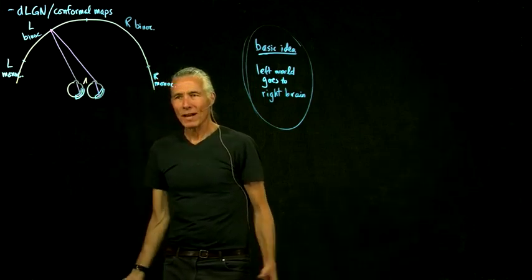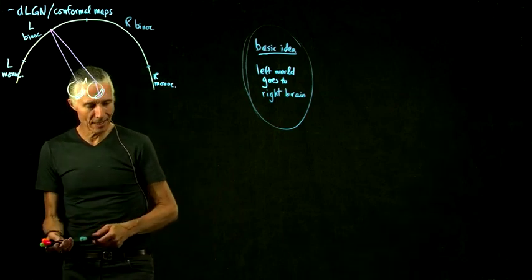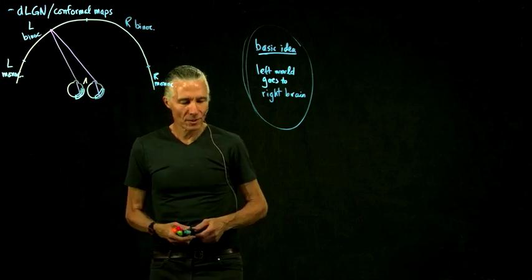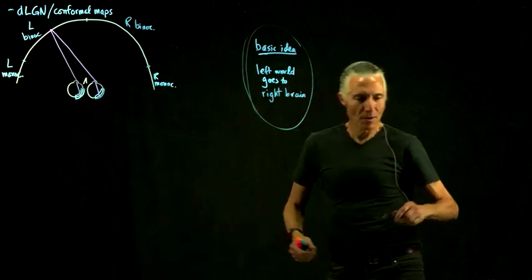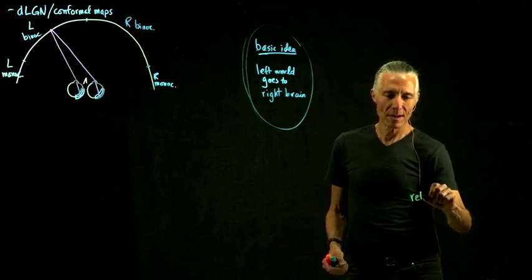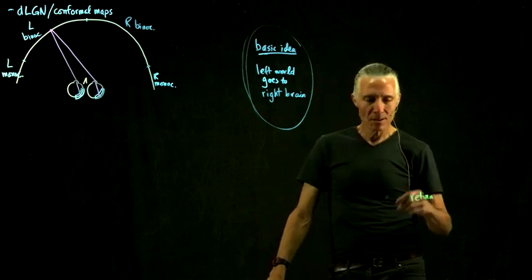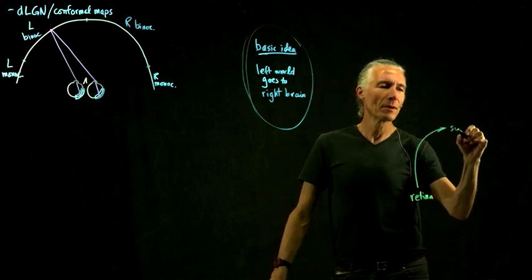Now we look at what happens next. The next stage is something called the dorsal lateral geniculate nucleus. If we make an overall picture, here's the retina. The retina actually has more projections than just the dorsolateral geniculate nucleus. One of the main projections is to the superior colliculus.